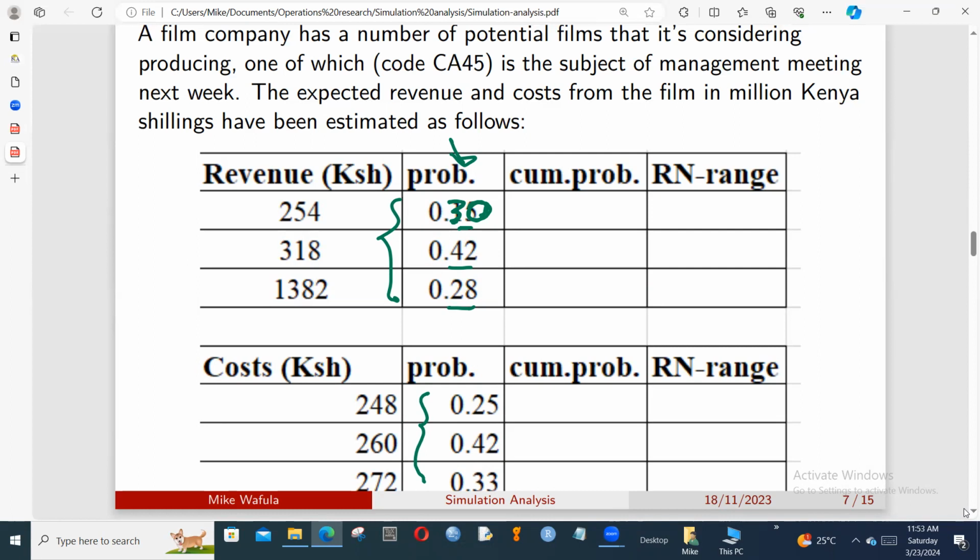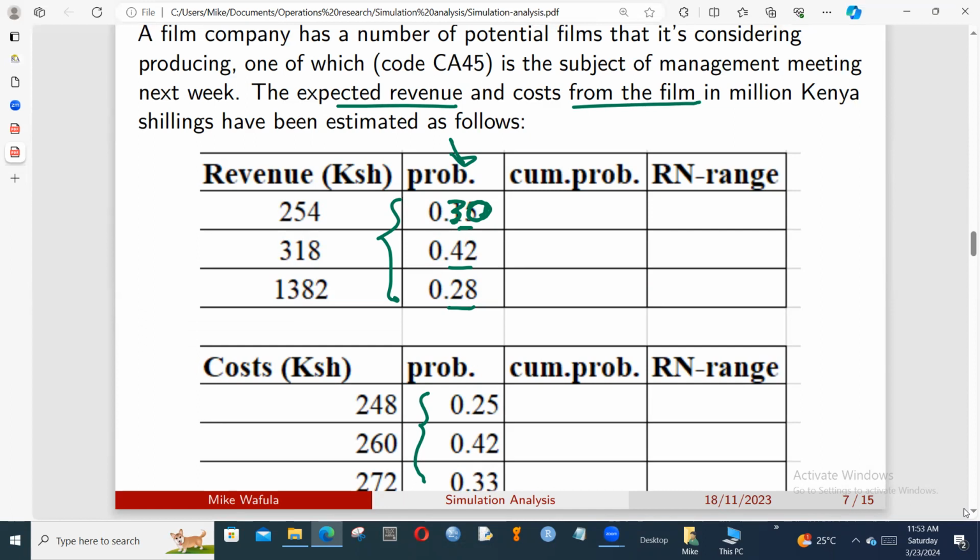And so this is an example where a company has a number of potential films and is considering producing. This company is considering producing these films. And so the expected revenue and costs from the film in million Kenya shillings have been estimated.